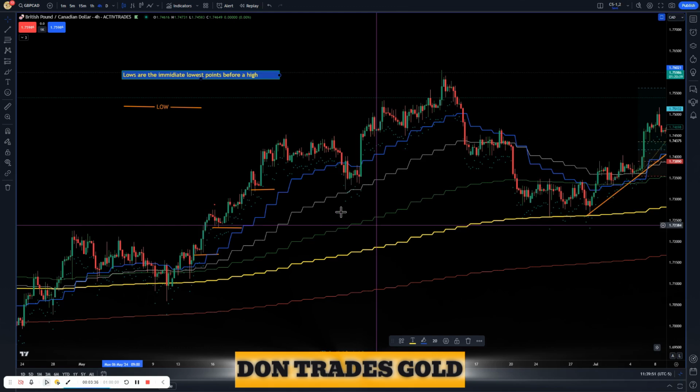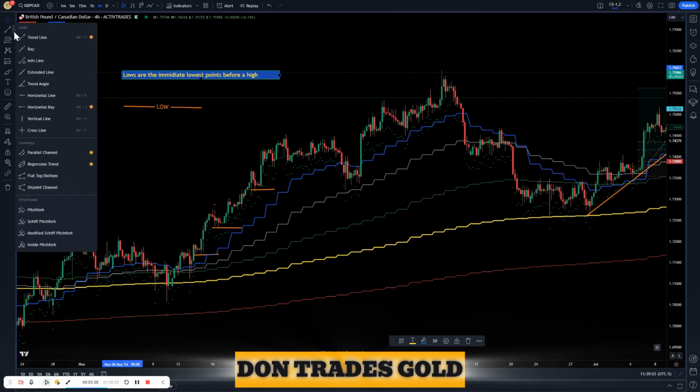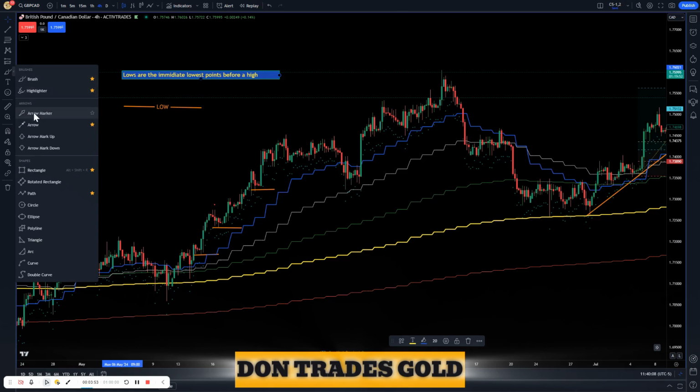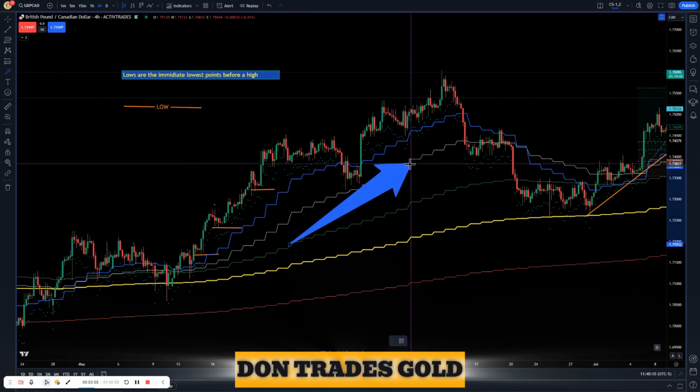So we are talking about an uptrend here. Let's just mark an arrow here to show it as an uptrend. Where's my arrow marker? All right, so you can see it's an uptrend here.